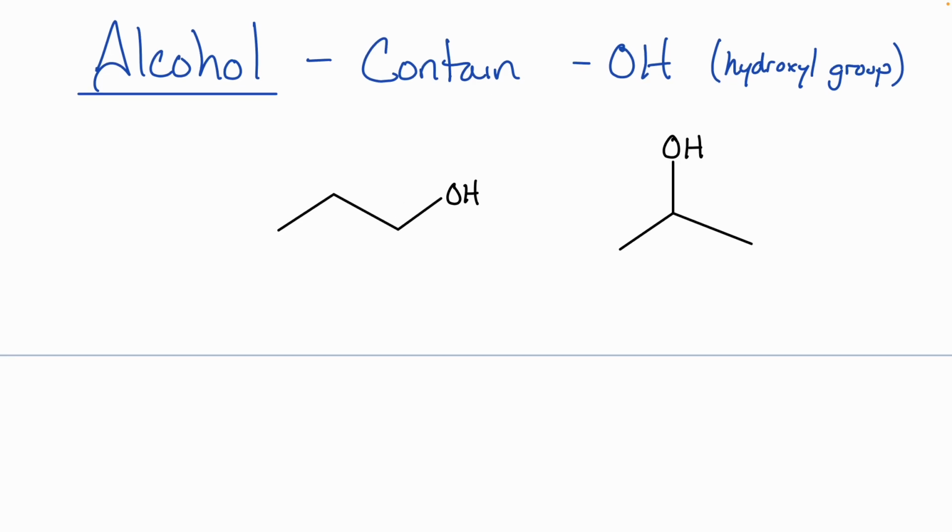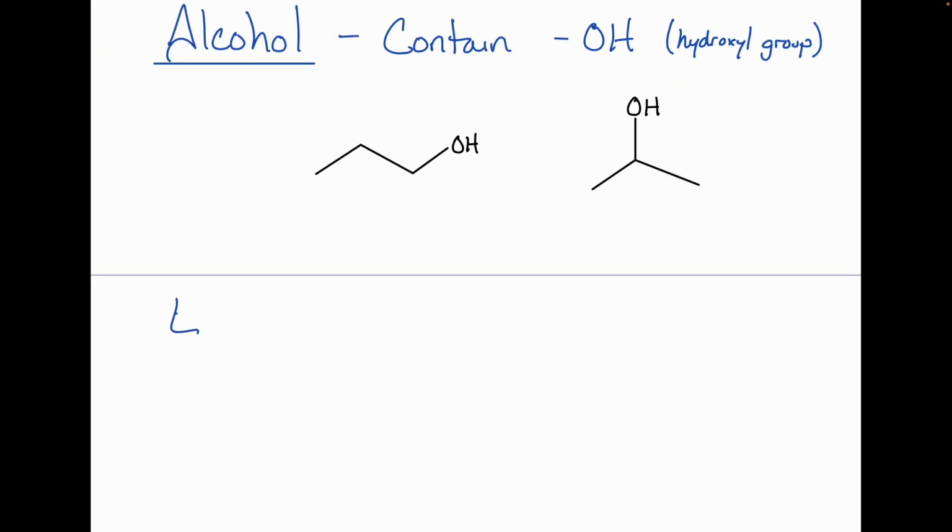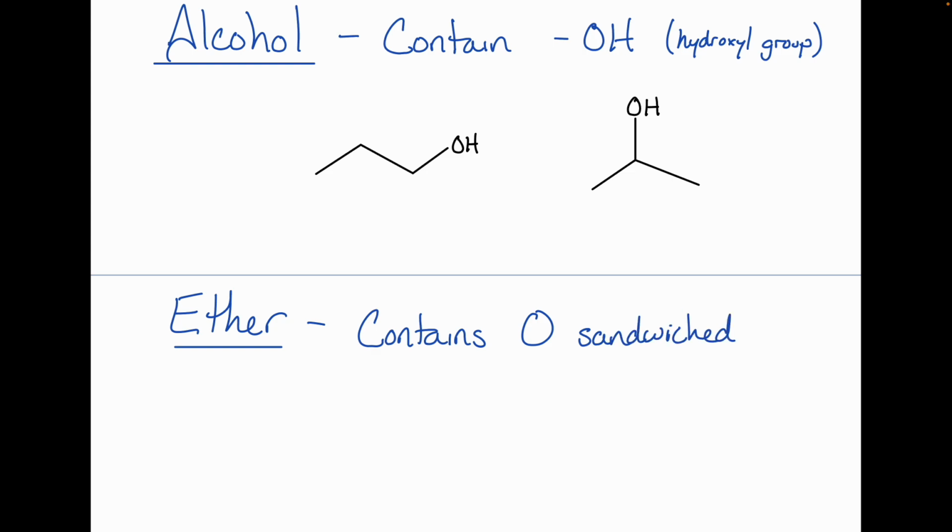So that's what happens when that oxygen is at the end of the molecule. It needs two bonds, so it's got a hydrogen. If we put the oxygen in the middle of a molecule, it's no longer considered an alcohol. It's considered what's called an ether. These contain oxygen sandwiched between two carbons.